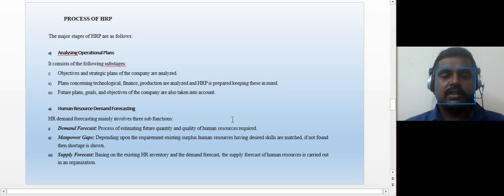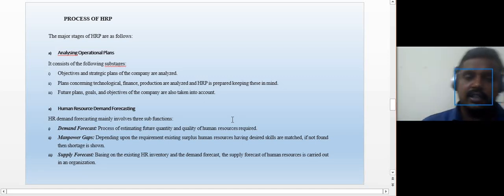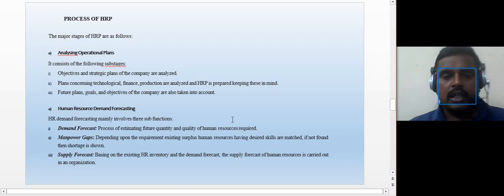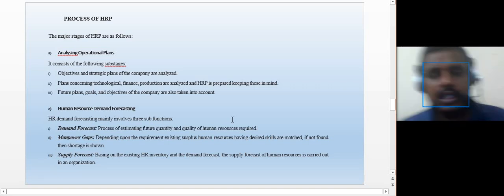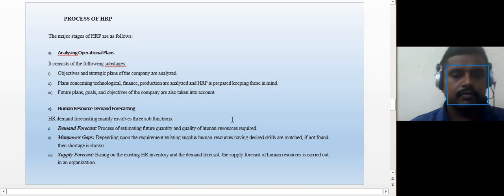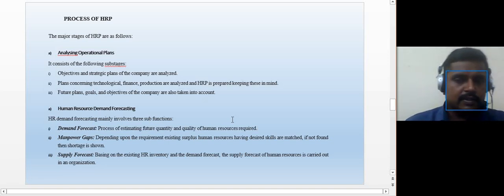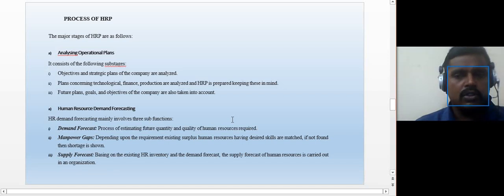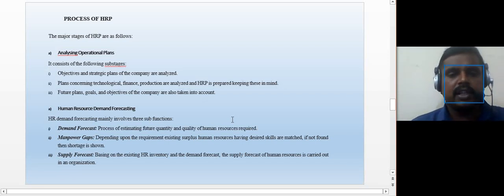Second, plans concerning technology, finance, and production are analyzed. The HRP is prepared keeping this in mind. The future plans, goals, and objectives of the company are also taken into account.